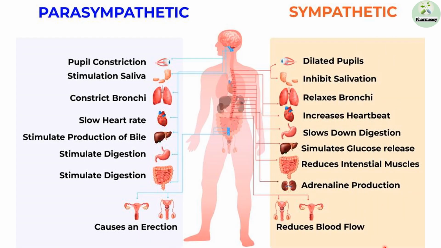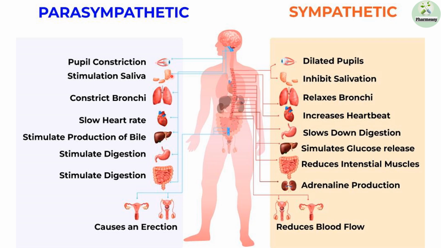This figure is important from a learning point of view. It shows the difference between parasympathetic nervous system and sympathetic nervous system. Remember that this is the normal condition and this is the condition of fear, fight, and flight. So, your pupil of eye will constrict, and in this, the pupil will be dilated.